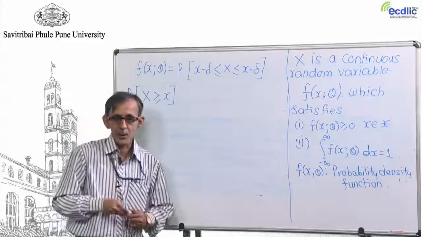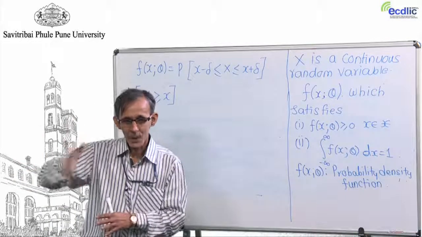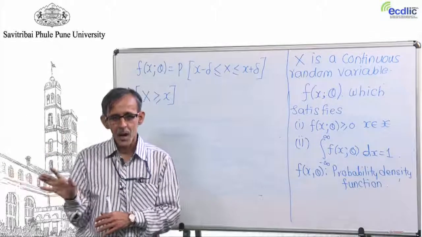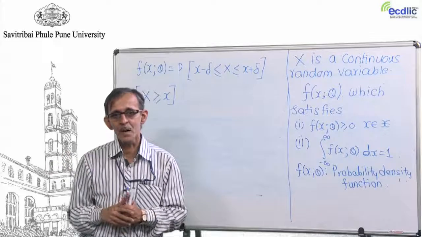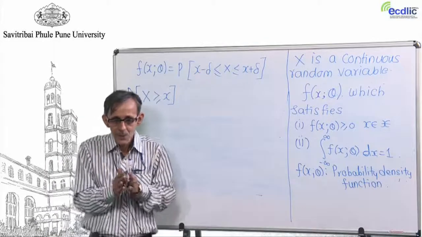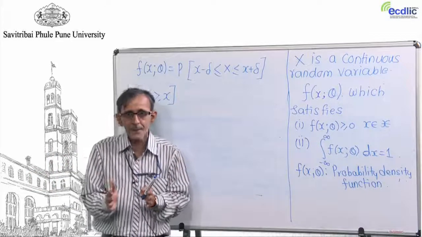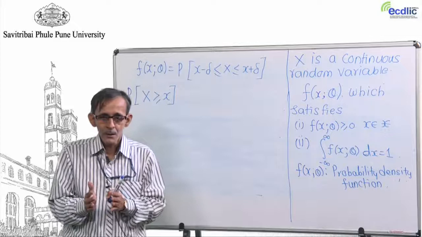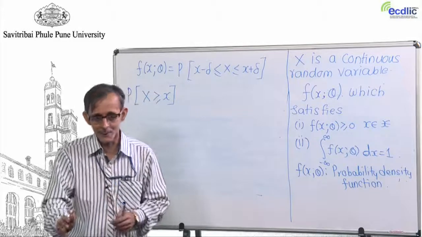The simple way to do that is to partition that r to r plus 1 as finer and finer and finer, and in that partition you compute the difference. That is what we do in a Riemann sum. And we say that as you make this interval finer and finer and finer, the Riemann sum will converge to something called the Riemann integral.